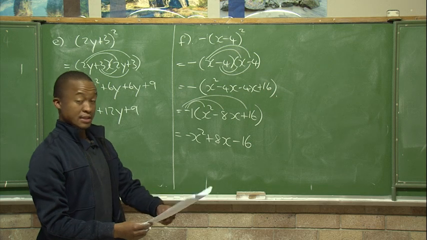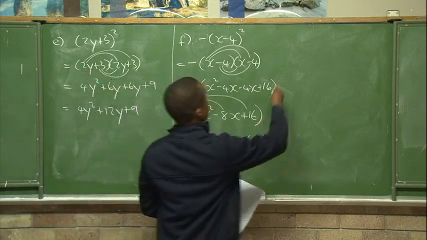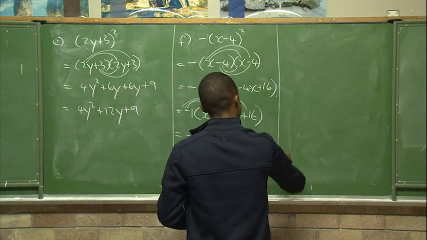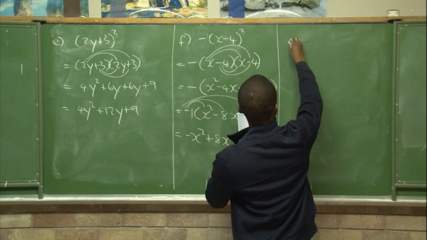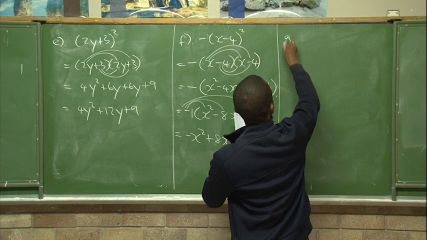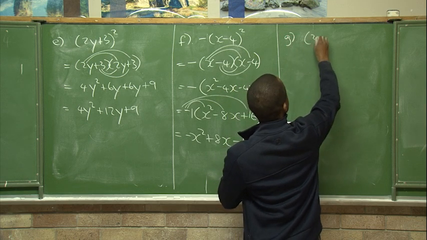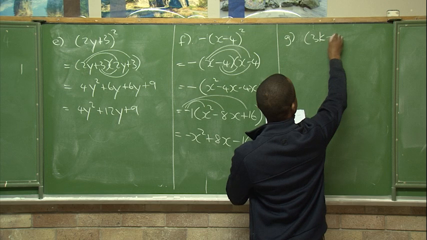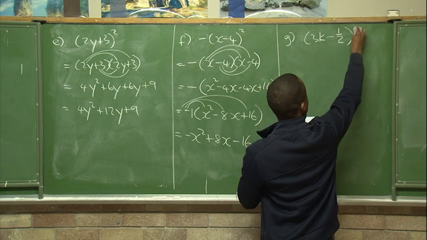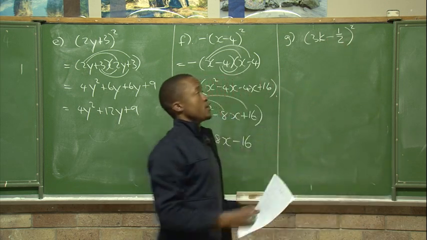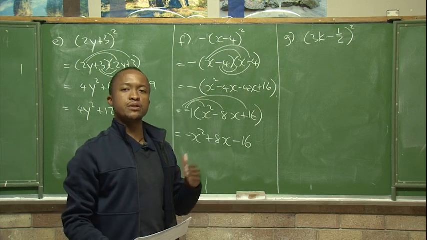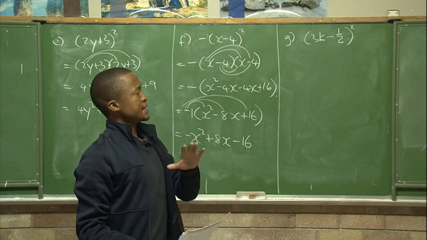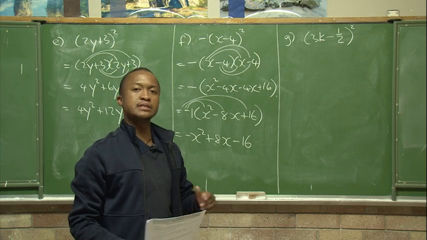Now let's look at this other interesting example. This one involves fractions. So we have 3k minus a half all raised to the power of 2. Whether they are fractions or they are variables, the methods or the procedures stay the same. It doesn't mean that if an expression contains fractions, it's difficult.